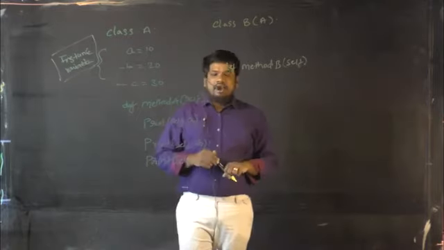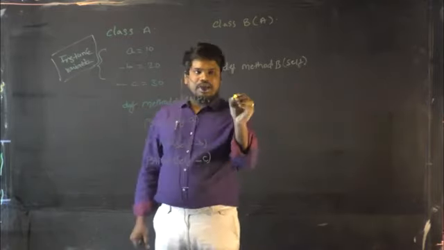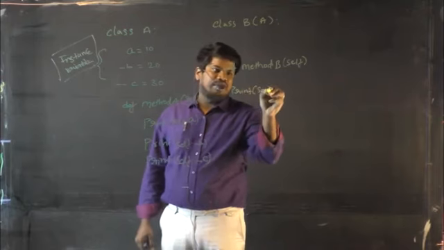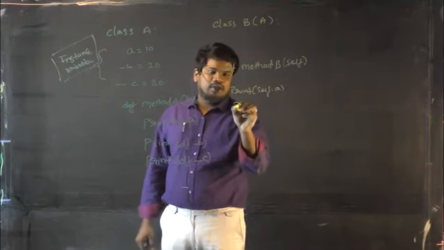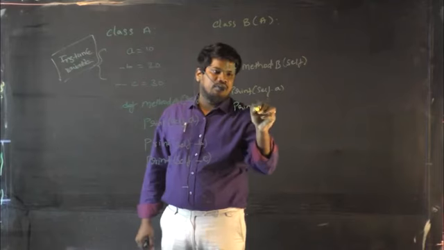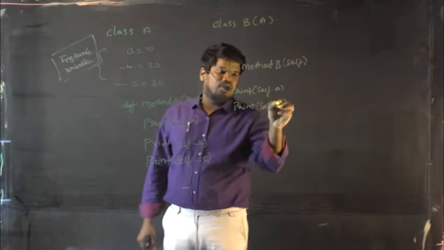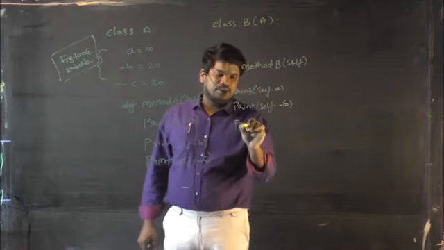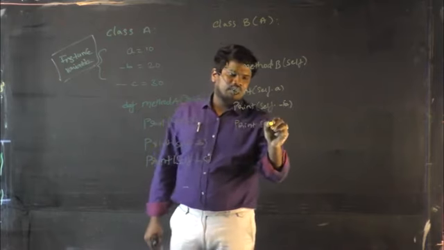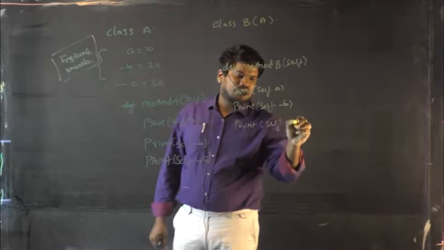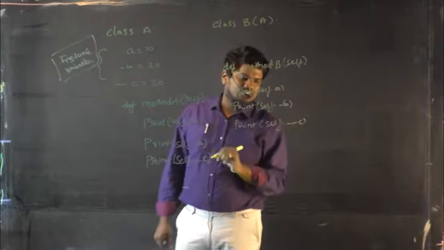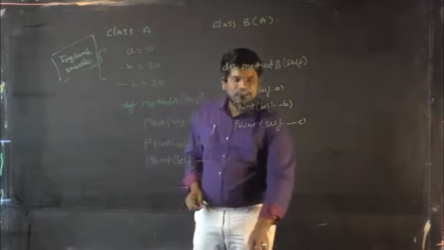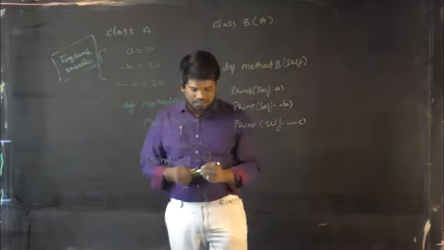Here I am writing print of self dot A, print of self dot underscore B, and print of self dot underscore C. I am done with class B, and next I'll take a driver code here.